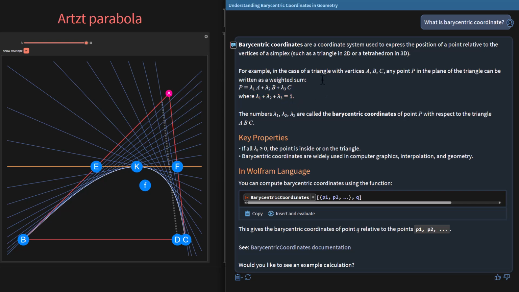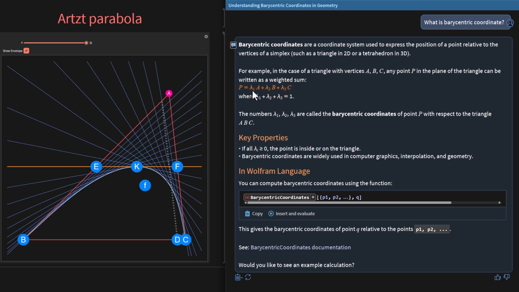Why it's called a projective space is that I really do not care about the absolute values of lambda 1, lambda 2, lambda 3 in general. If I have coordinates lambda 1, lambda 2, lambda 3, it's the same thing as 2 lambda 1, 2 lambda 2, and 2 lambda 3. And we can always normalize their sum to 1.